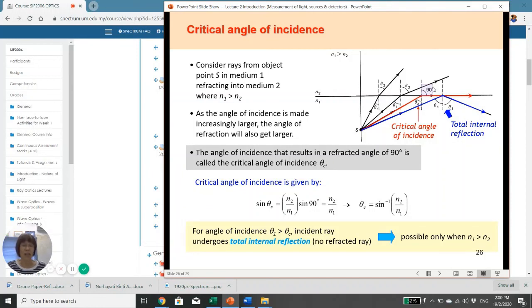Sine 90 is 1, so sine theta c equals n2 over n1, and theta c is the arc sine of n2 over n1. This total internal reflection occurs only when n1 is larger than n2. And remember, this is internal reflection, so the reflected ray will not have a phase change.